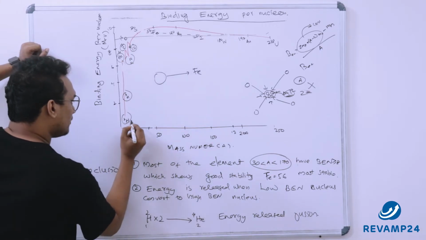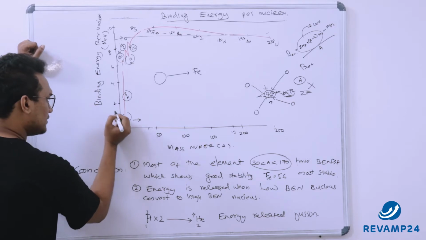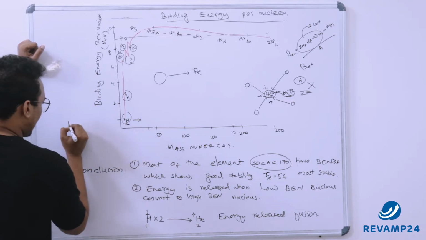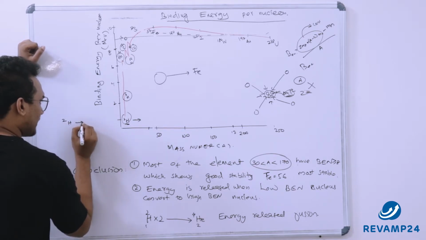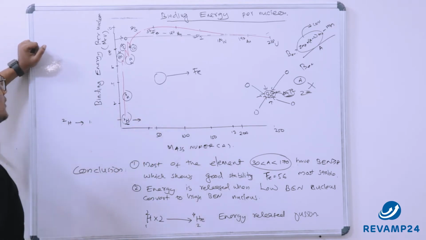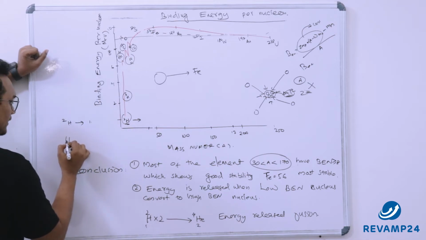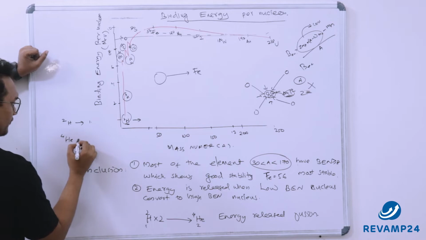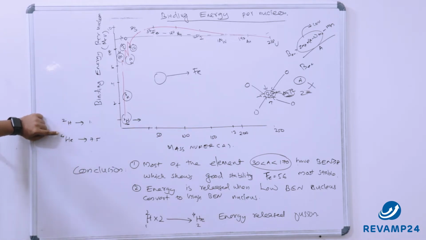But at the same time, deuterium has a value between 0 and 2. If hydrogen exists as a deuterium nucleus, its binding energy per nucleon is approximately 1 point something. So I'll take 1 from this graph. But when it is converted to helium, its binding energy per nucleon is 7 or 7.5. Say for example 7.5. See, this is less stable, this is more stable.